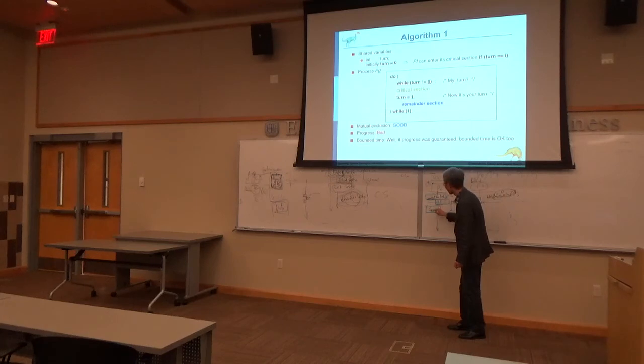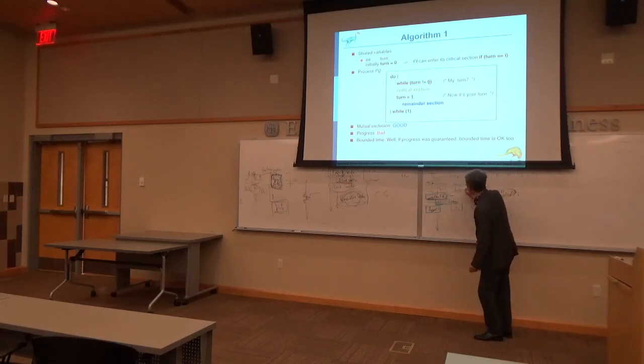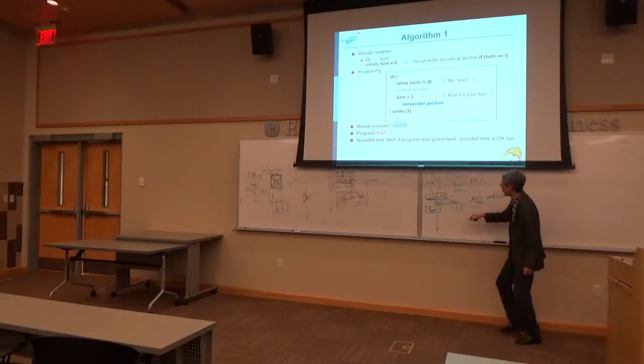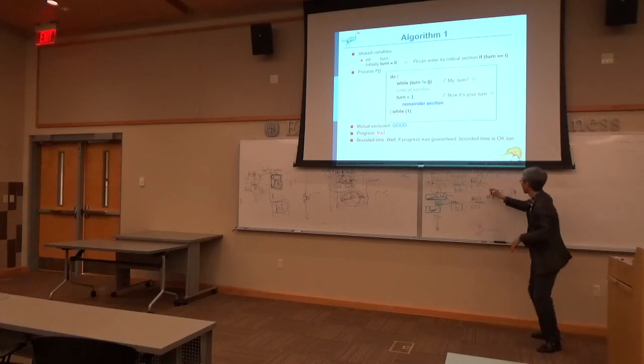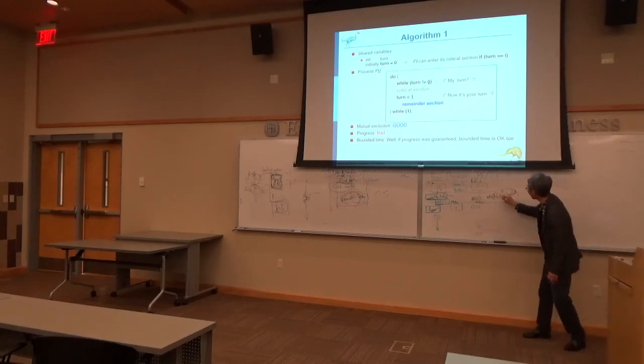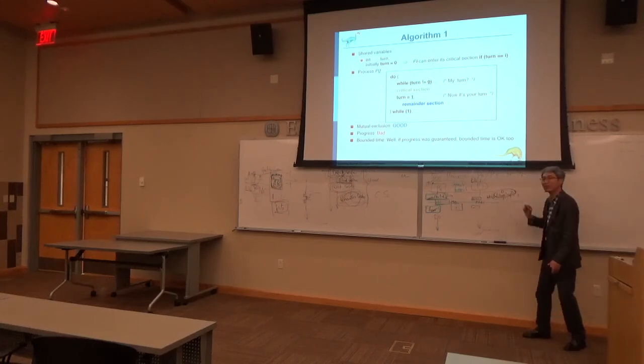When process 0 is done, turn becomes 1. Then this is a remainder section, with normal instructions. But process 1 keeps checking, and now turn is changed to 1, so turn is not 1 is false.